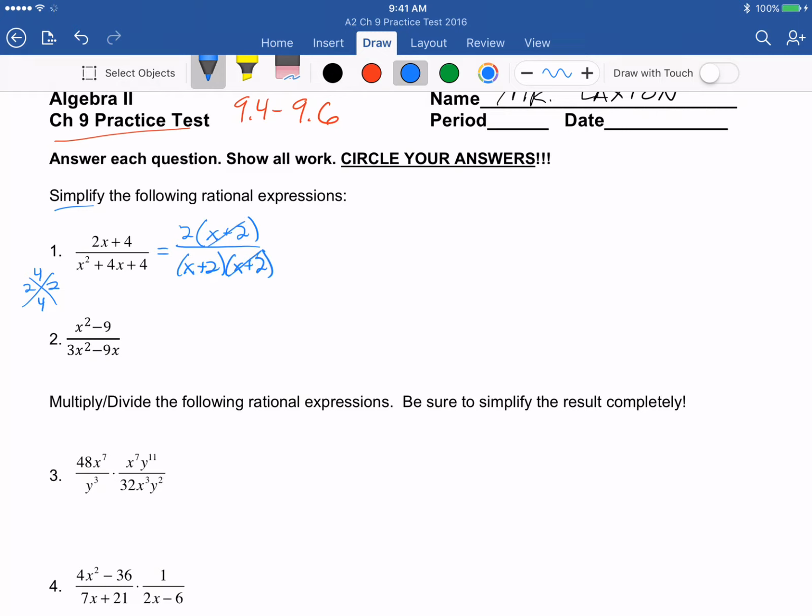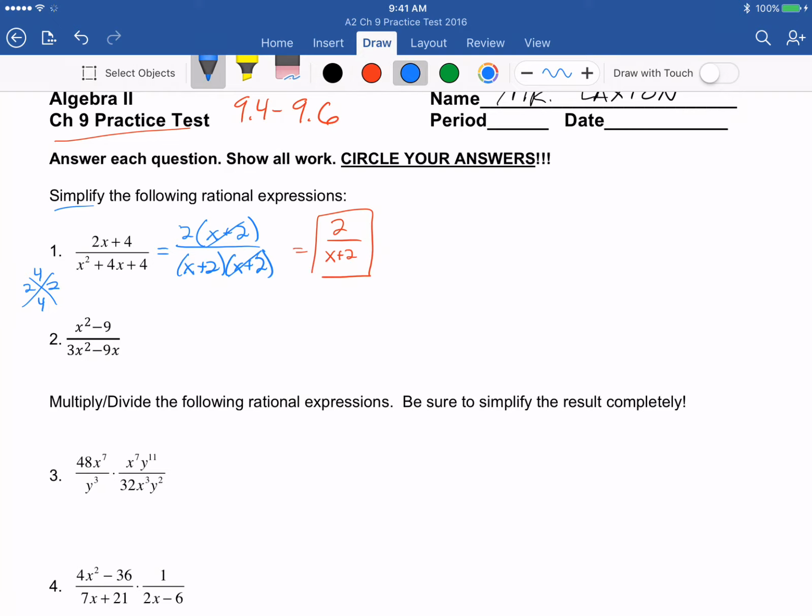So look here, I cross out the x plus 2 and the x plus 2 because it's on the top and on the bottom. So the only thing that's left on the top now is that 2. So I'm left with 2 over one of those x plus 2's, because it is still left on the bottom. Only one of them cancels out there.